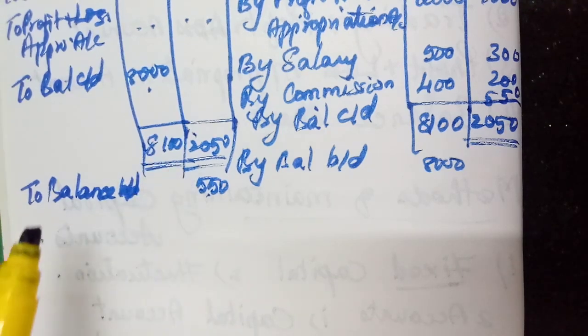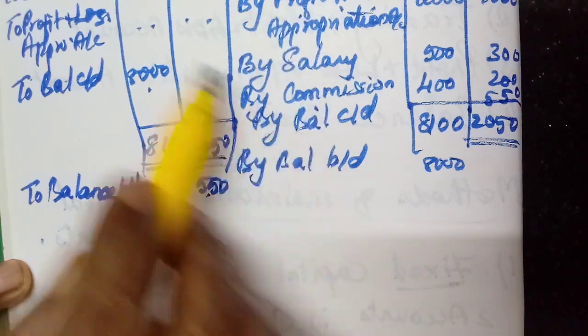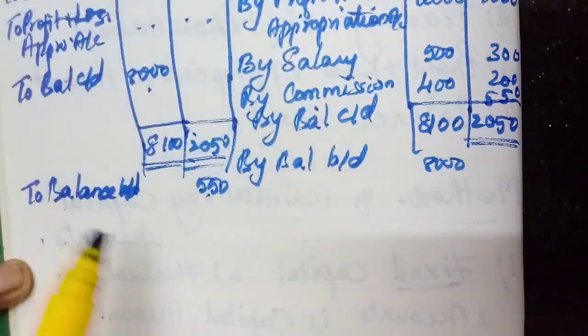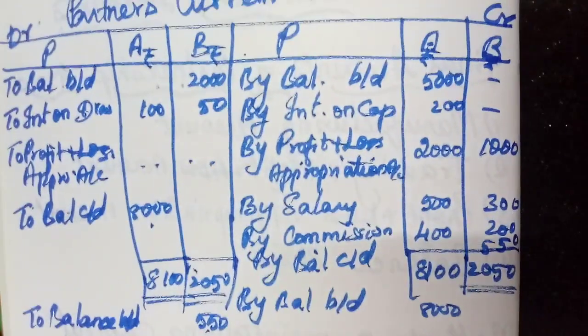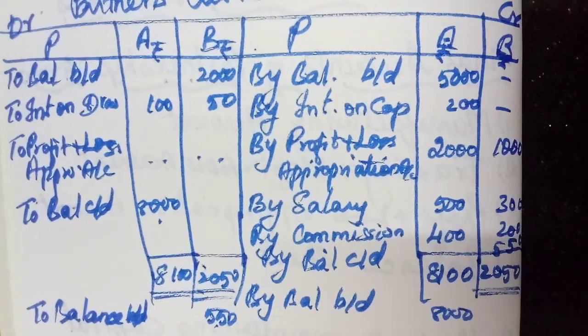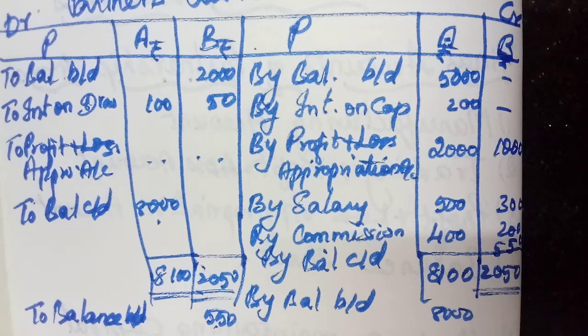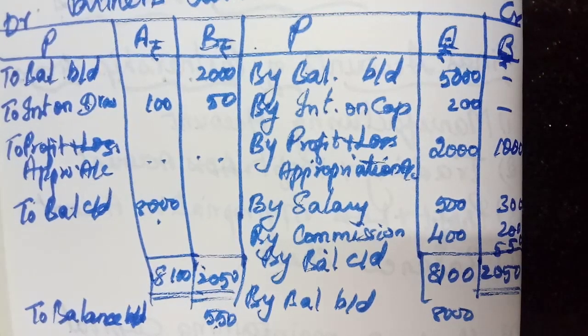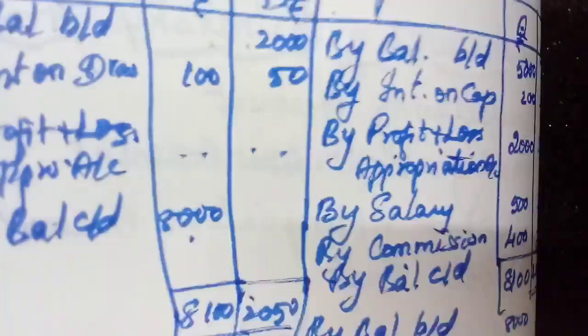Other than these three items, all the other adjustments must be made in this partner's current account. Understood, students? Now this is the fixed capital method. Now we will see one problem in the book. I will show to you, and we will go to the next method.